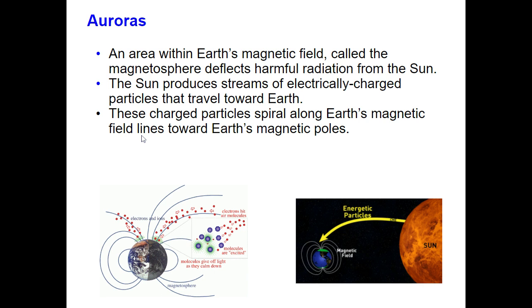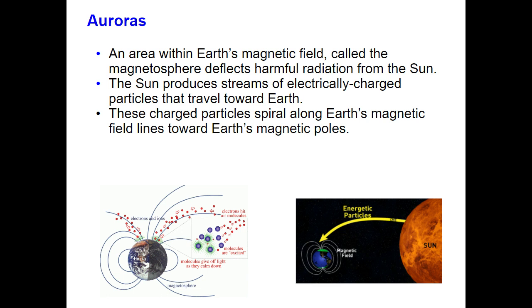Auroras. You've heard of the aurora borealis, where you can see it in the north. It's the sun's radiation interacting with the magnetic field of the Earth. It produces electrically charged particles, so your electrons start to get excited and create new colors that you'll see.